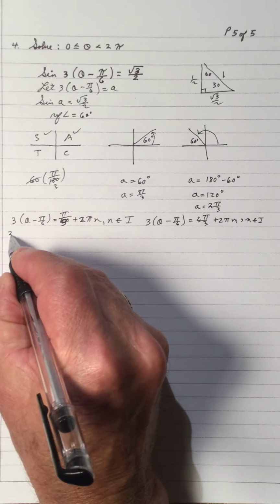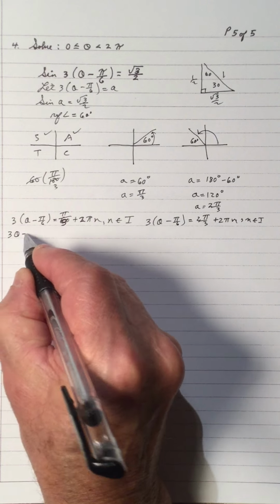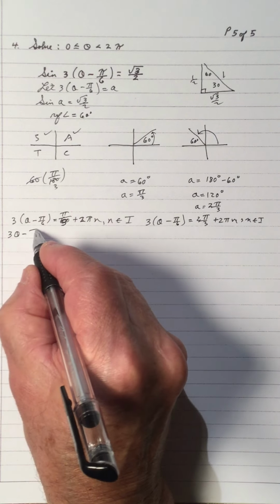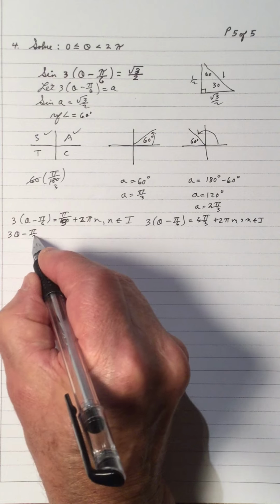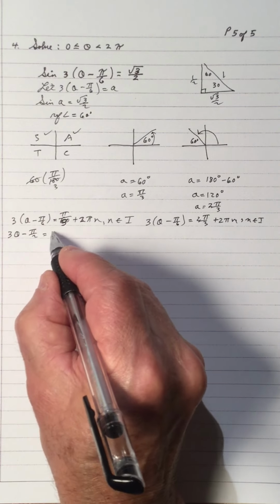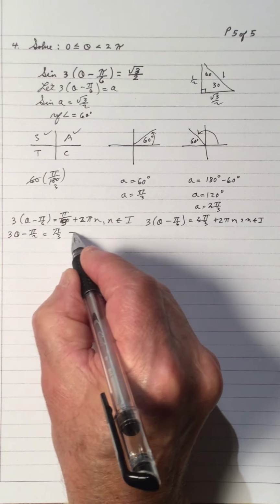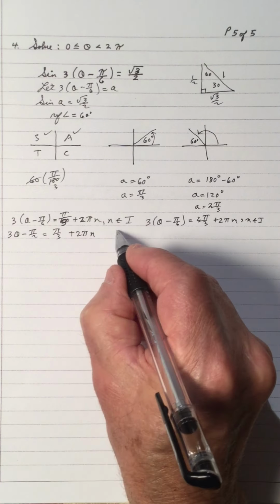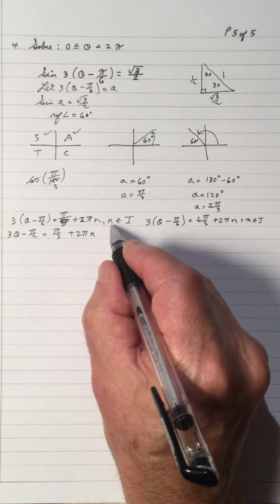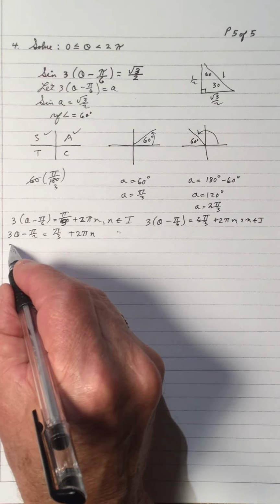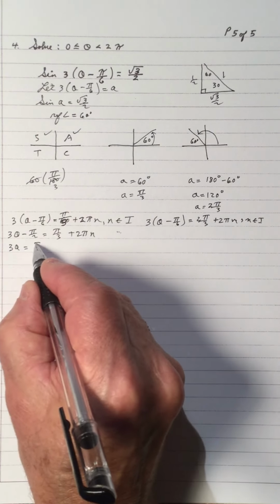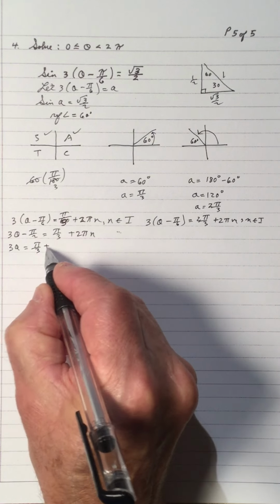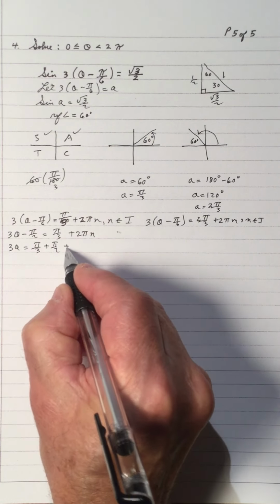So let's go, 3 theta. Pi over 6 becomes pi over 2. The 3's cancel, and that's pi over 3 plus 2 pi n. And I'm not going to keep writing this down.